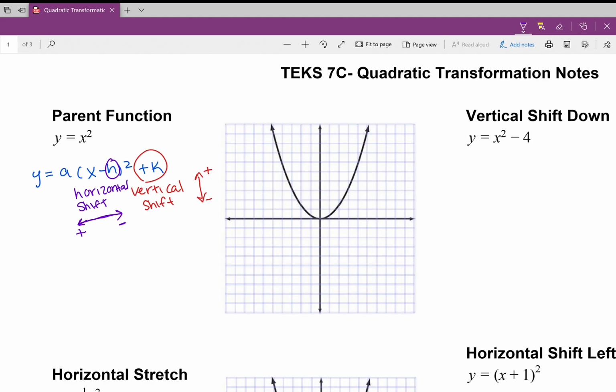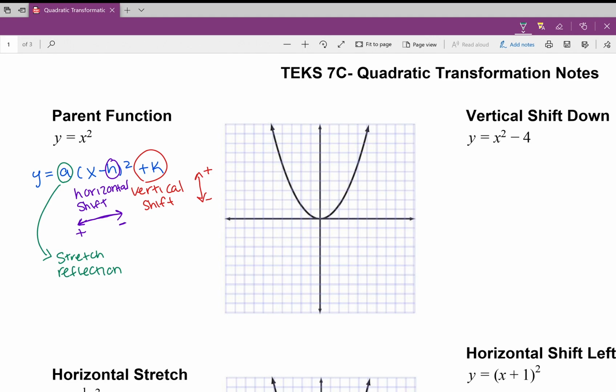And then real quick, the a value is going to tell us multiple things. It's going to tell us what type of stretch it is, and it's also going to tell us if it's a reflection. I'm going to talk more about those when we get to each specific vocabulary word.